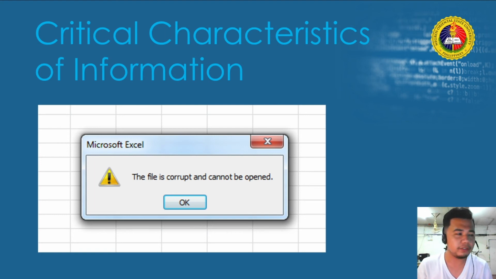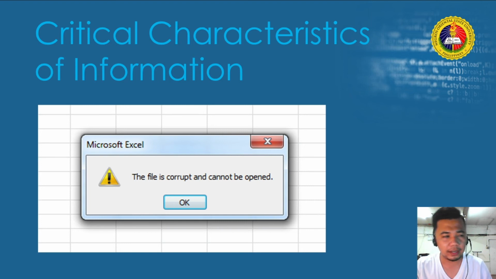Corrupted files are computer files that suddenly become inoperable or unusable. There are several reasons why a file may become corrupted. First, for example, you're transferring a file from your memory disk to your computer, and while it's still being transferred, your flash drive is taken out from its port.